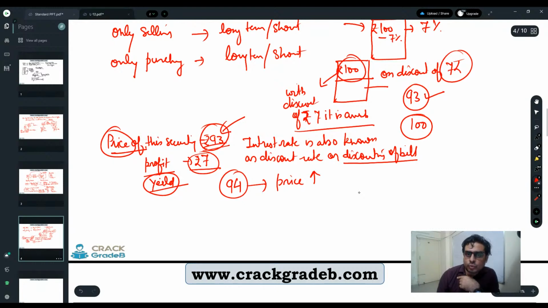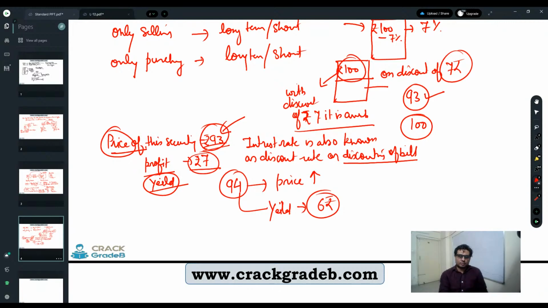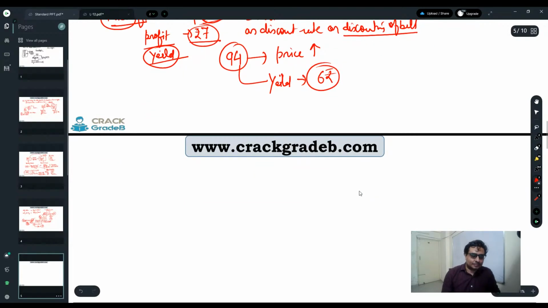So earlier price was 93, now price is 94. If RBI is selling at 94, what is the yield? Yield will be 6 rupees. Right? 6.